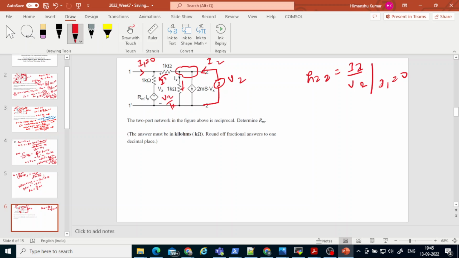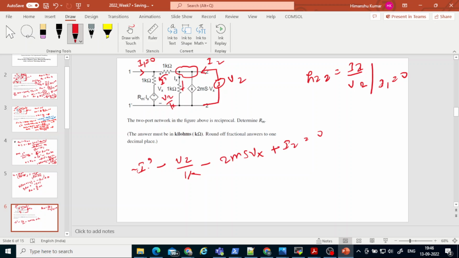Applying the KCL equation at this node: minus I dash minus V2 by 1k minus 2 millisiemens times Vx plus I2 equals 0.